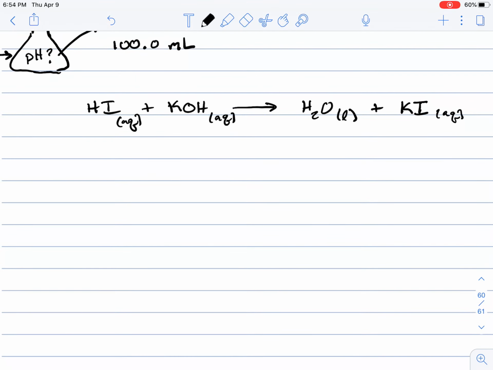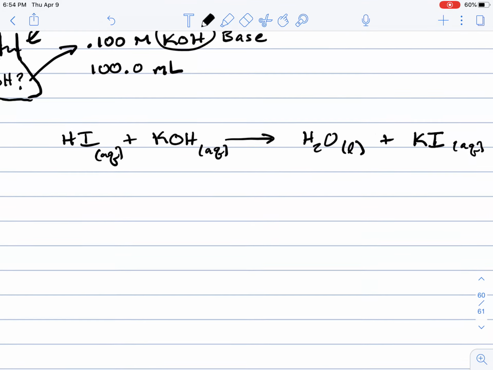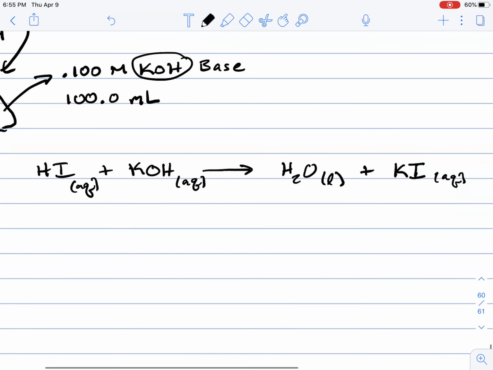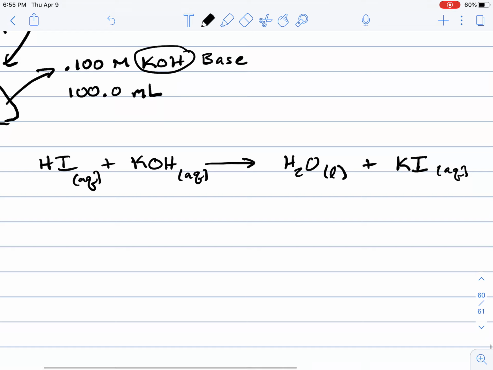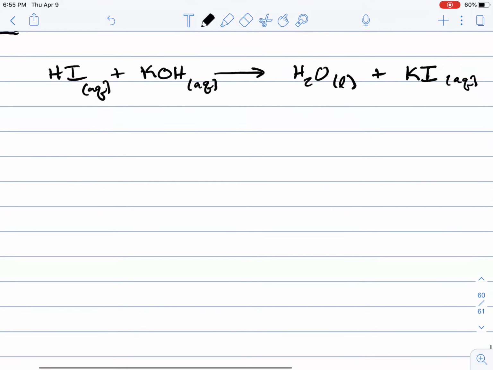And so since a chemical reaction is occurring, we want to figure out the pH, the equilibrium concentration after the reaction has occurred. And so this will invite us to use our ice table once again. Before I write my ice table, I'm going to write a net ionic equation such that all of my spectator ions are gone.